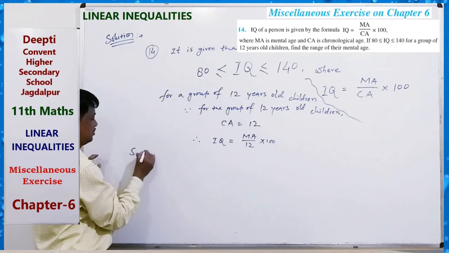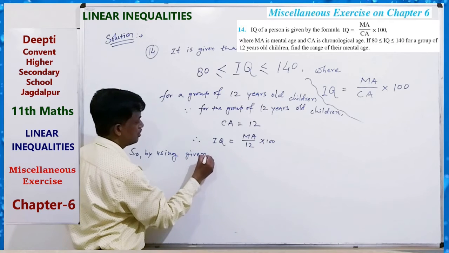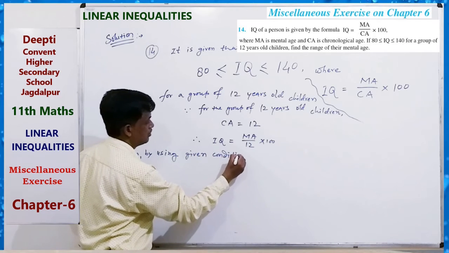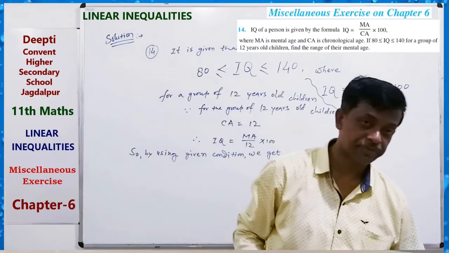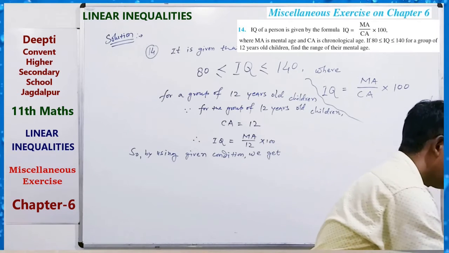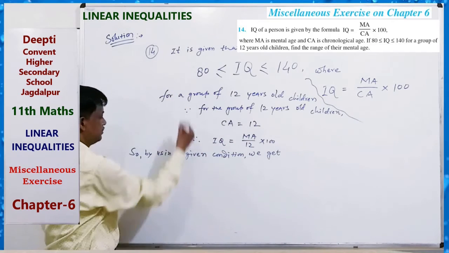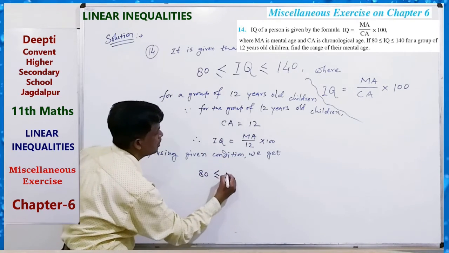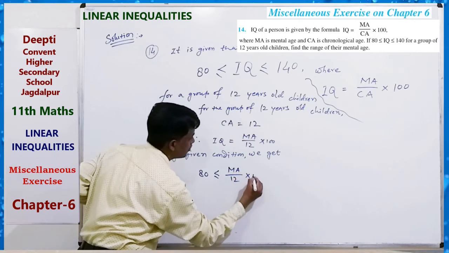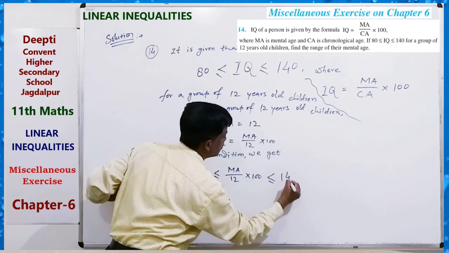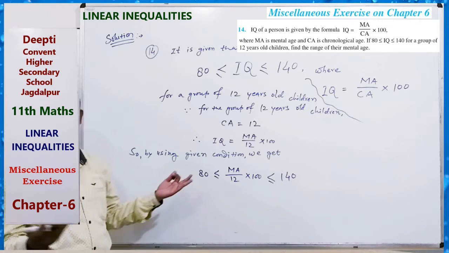So, by using the given condition we get. Given condition means what? This 80 less than or equal to IQ means this MA by 12 into 100 is less than or equal to 140. Just this. Okay. Just we have to solve it.